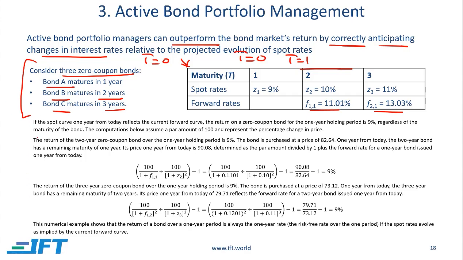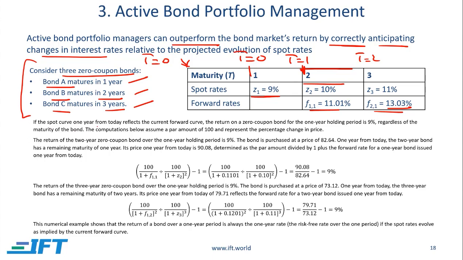And what we will see is that if this actually pans out and the 1 year spot rate over here is 11.01, and then a year later the 1 year spot rate is 13.03, then whether an investor buys bond A or B or C and the investor's time horizon is 1 year, the return will be the same. The return is going to be 9%. So that is what is demonstrated here.